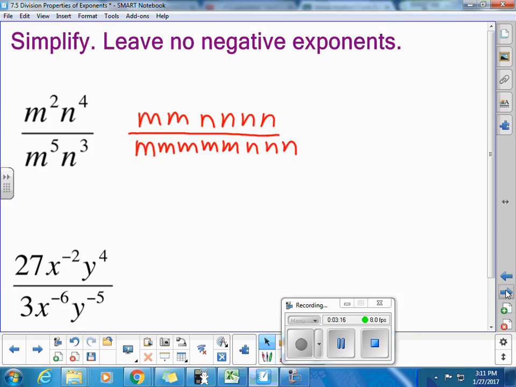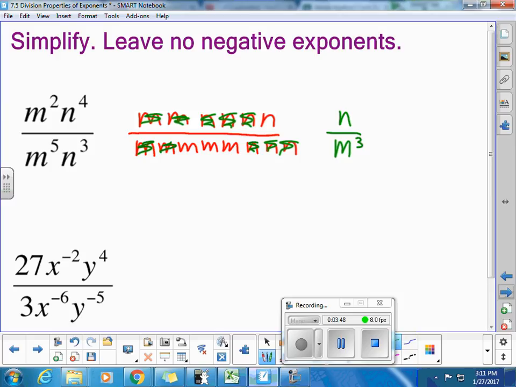This m on top cancels with an m on the bottom, because m divided by m is 1. So I have 2 that are gone. Then with the n's, n on the top and n on the bottom reduce to 1, and so do the next two. On top I got rid of everything but a lonely n. On the bottom, I still have m times m times m, and now I'm going to put it back together, which is m to the 3rd.